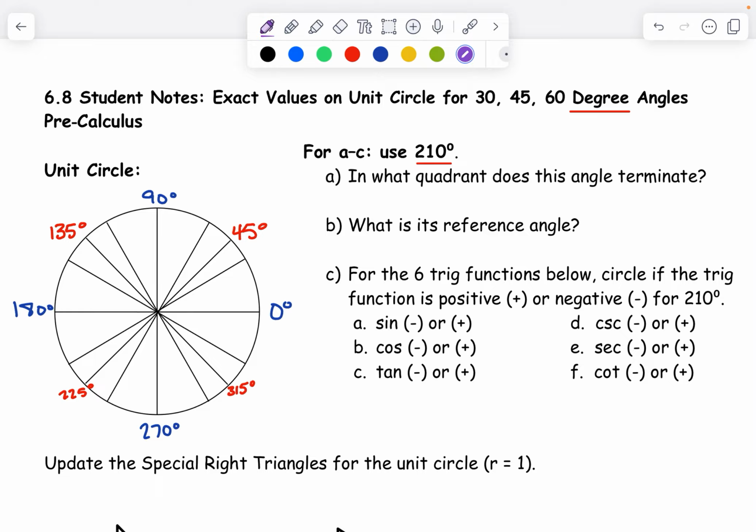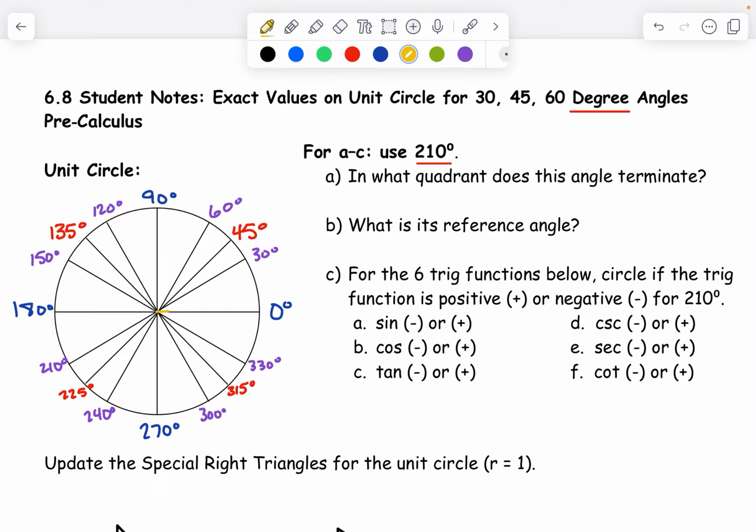And then we start counting by 30s. So we've got 30, 60, 90, 120, 150, 210, 240, 270, 300, and 330.